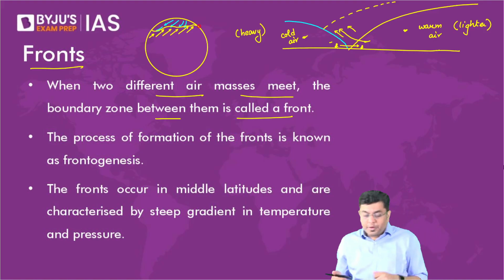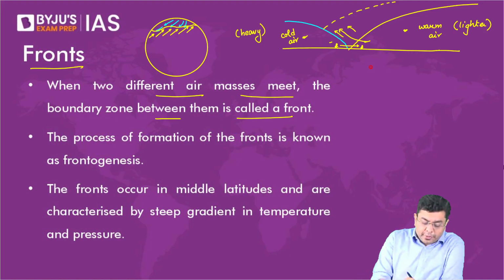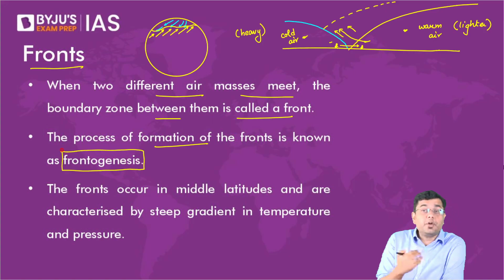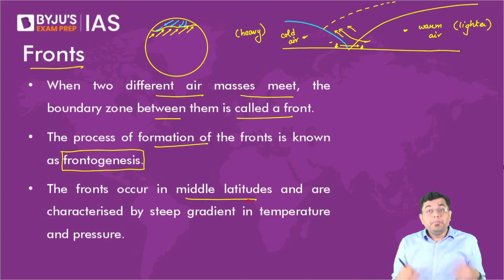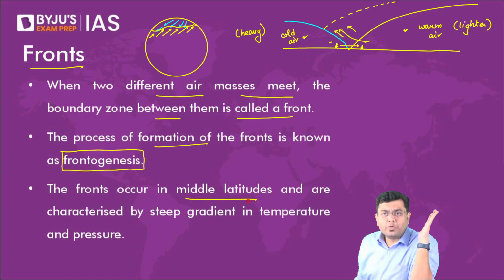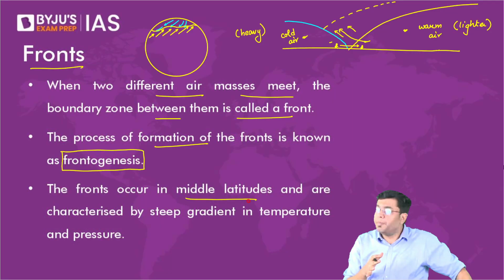That is what we refer to as frontogenesis, or the birth of a front. So the process of formation of a front is referred to as frontogenesis, the birth of a front. Now, the fronts will mostly occur in the mid latitudes. Mid latitude means between 45 to 60 degrees in the north and south hemispheres. That is where the frontal formation will be observed and will be experienced. And that is because it is in these areas where you will have the warmer air from the tropics and the colder air from the polar regions.